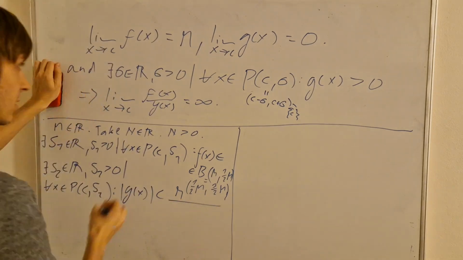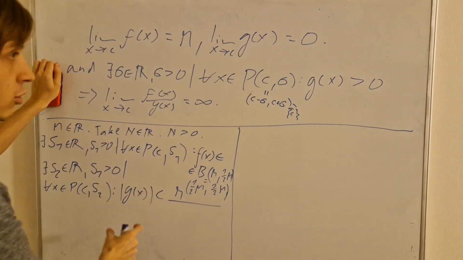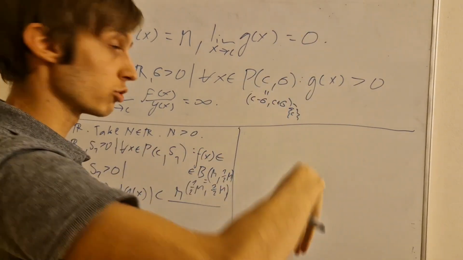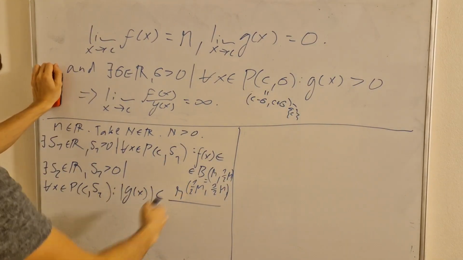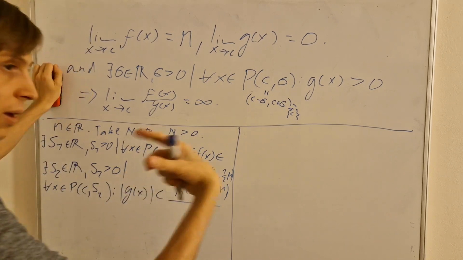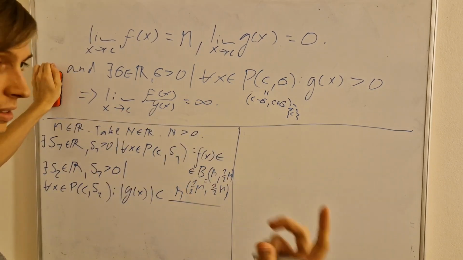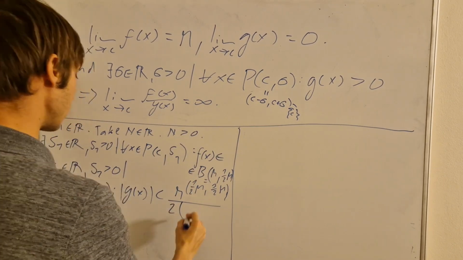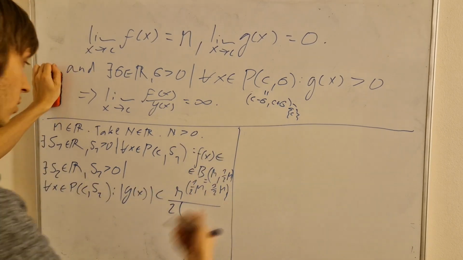Because g of x should go to 0, it can be arbitrarily small. So we can set it smaller than m, that we denoted right here, and then also let's include the n and make it in a way that will interconnect things in a second for the rest of the proof. And this sounds very random, but it will work out in a second, you'll see.